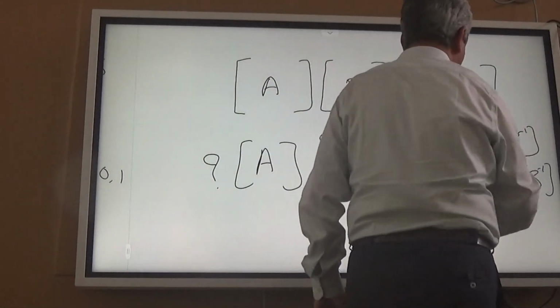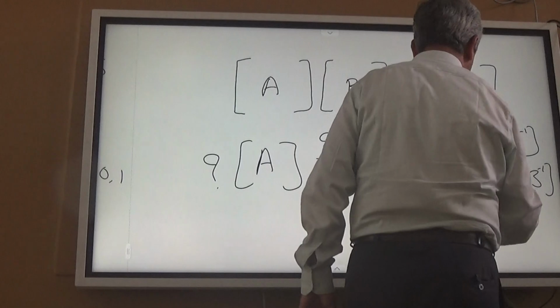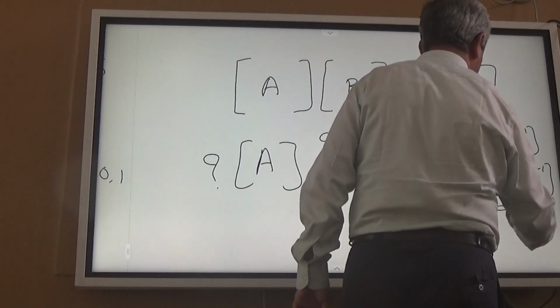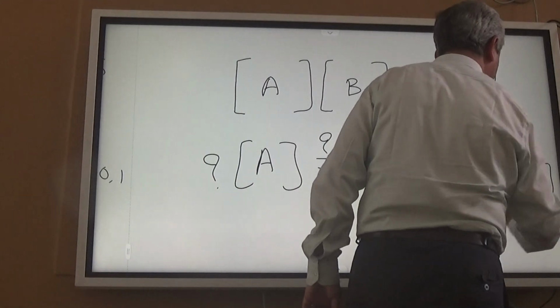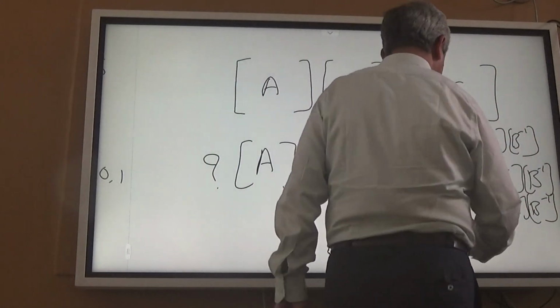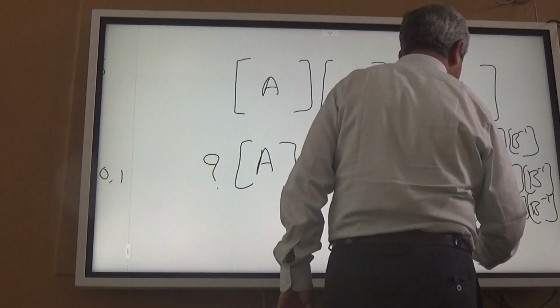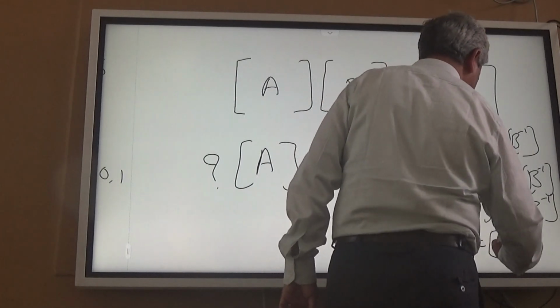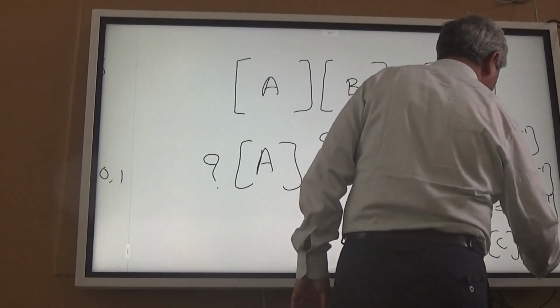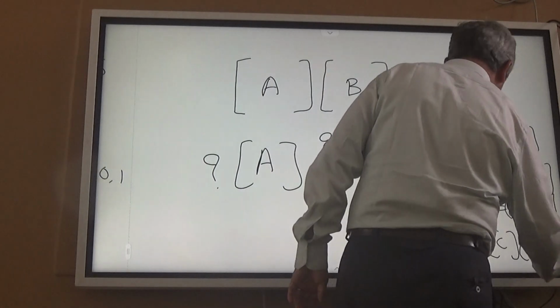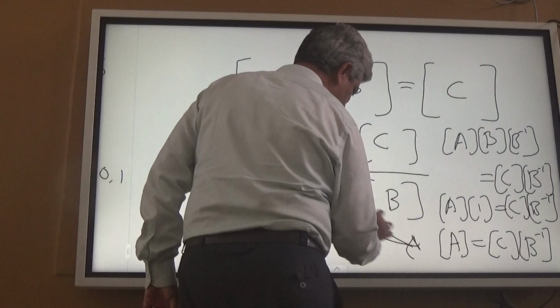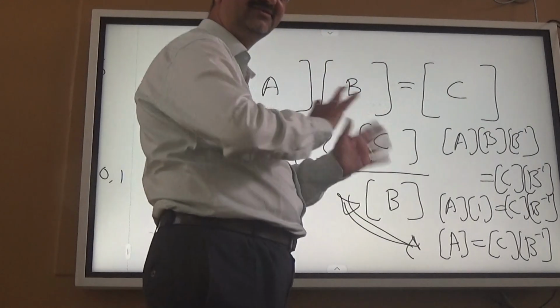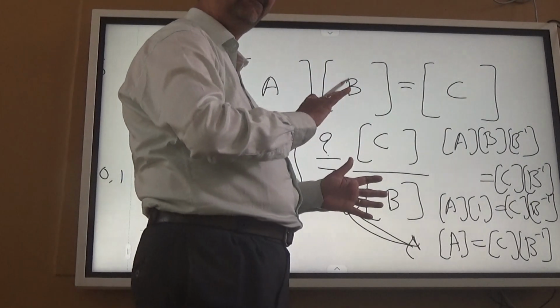So B B inverse is I. So A into I is equal to C into B inverse. That is, A into I is A. So this and this both are in a way identical or not? That you can think of. Is it right?